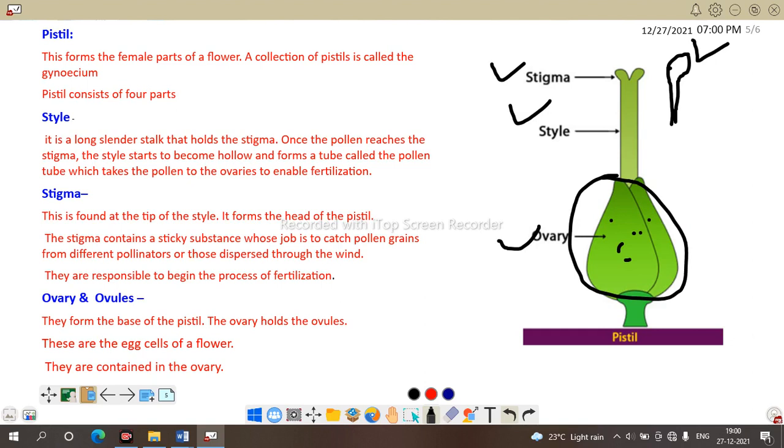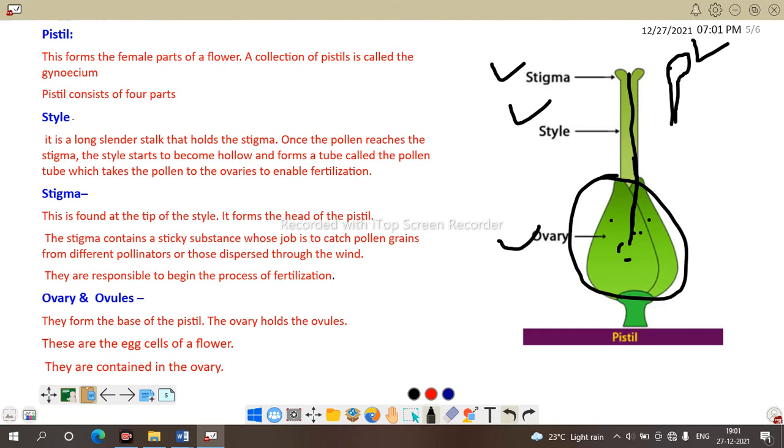Those pollen grains reach the stigmatic surface by the pollen vector. So these are the stigmas. On the stigmatic surface, the pollen grains start to germinate and the pollen tube reaches inside the ovary. So the style is the stalk that holds the stigma, and once the pollen tube germinates on the stigmatic surface, the style carries the tube to the ovary.